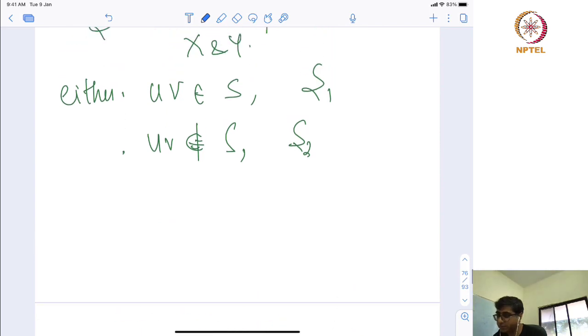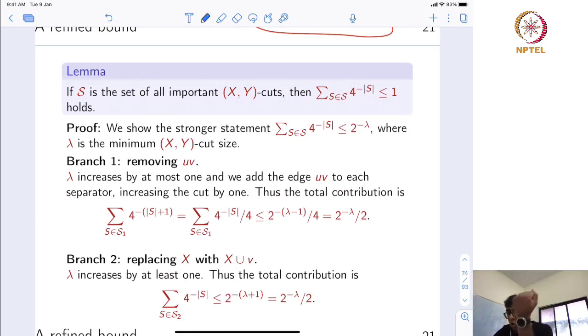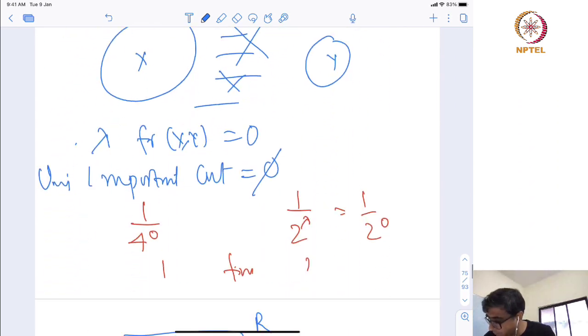Now notice we have already shown in our branching that every important cut of G that contains UV is also an important cut of G minus UV. So what are we going to do? We are going to get all the important cuts of G minus UV and add +1 for UV.